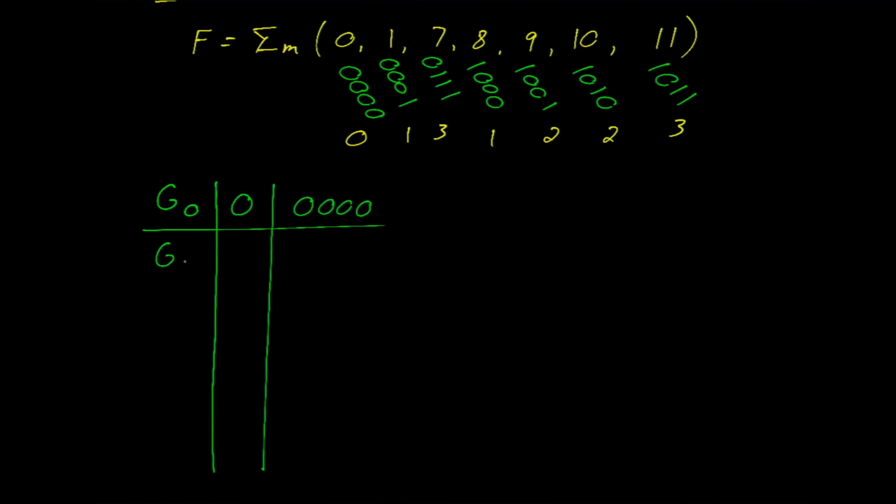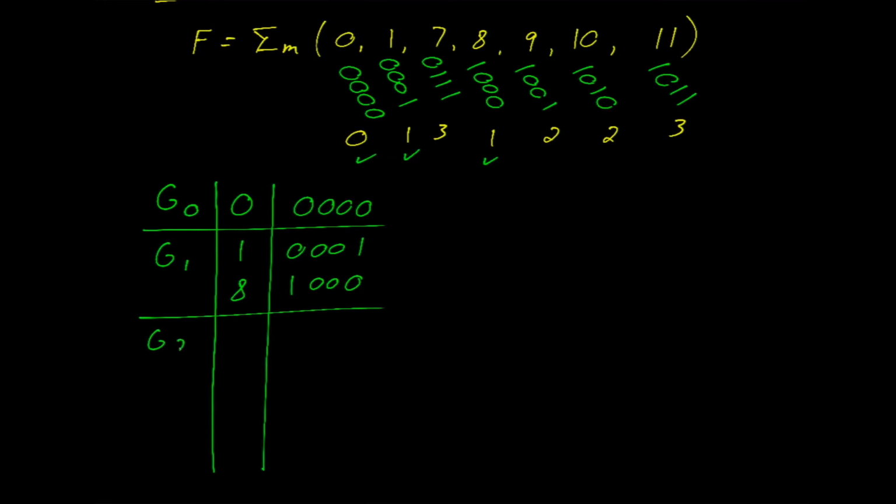There's the ones group, which would take care of minterms 1 and 8. So we're going to check these off as we go. 1 is described as 0, 0, 0, 1, whereas 8 is described as 1, 0, 0, 0.